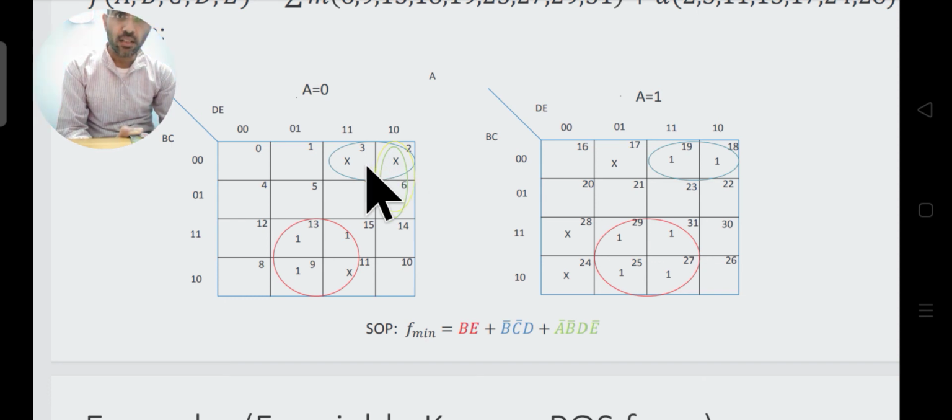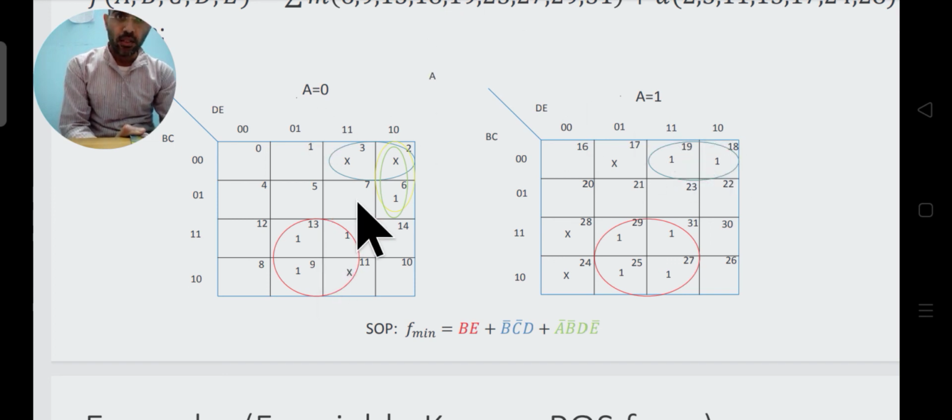So corresponding to this quad, if we have to find the term, then again we have to use the same logic. So corresponding to this, the terms will be B bar, C bar, and A is changing. Okay, so whenever you are forming a group which is having some cells from this square and some cells from this square, obviously A will not come because A will change.